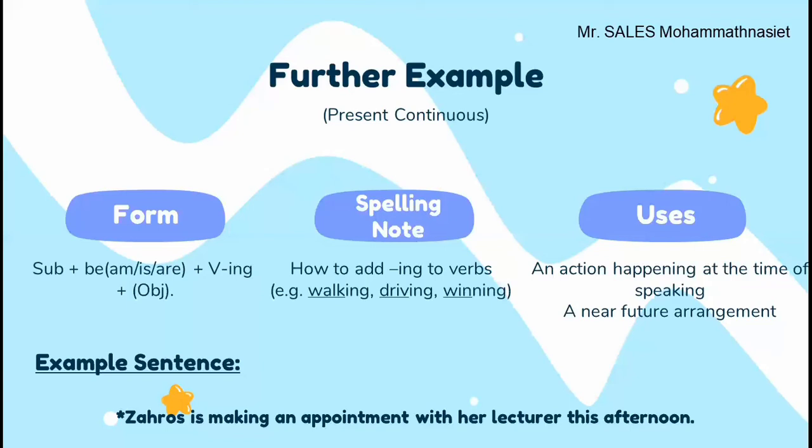According to the example sentence, the present continuous here is used to express the near future arrangement with the time expressions. So it is not about the action that happens at the time of speaking. It is about the future event that you have already set, everybody, and it is really close to the present time.